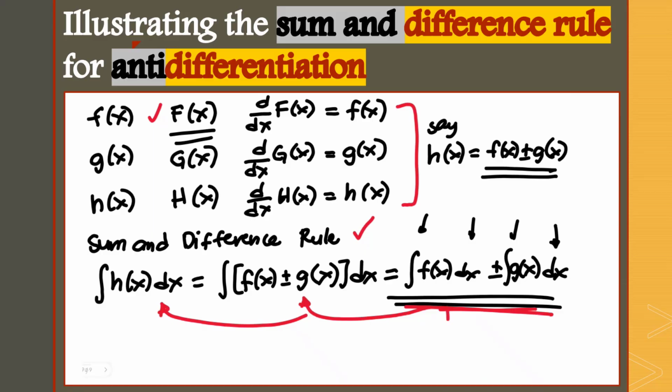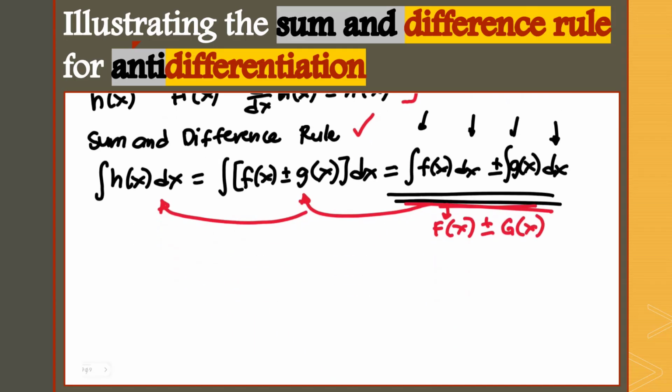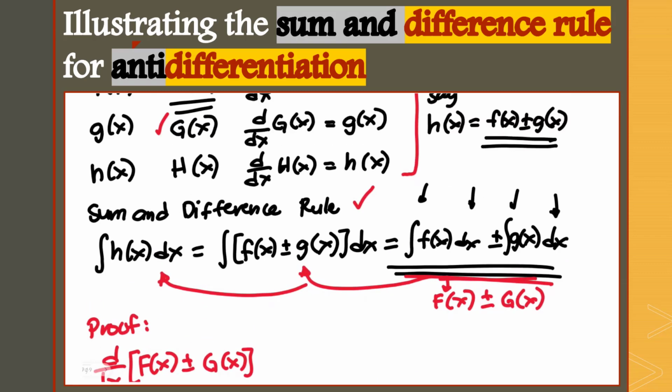This would mean this is F of x plus-minus the integral of g of x, which is the antiderivative G of x. So we are going to show the proof that the derivative of that sum, F of x plus-minus G of x, both antiderivatives with respect to x, should return into either this form or this form here.